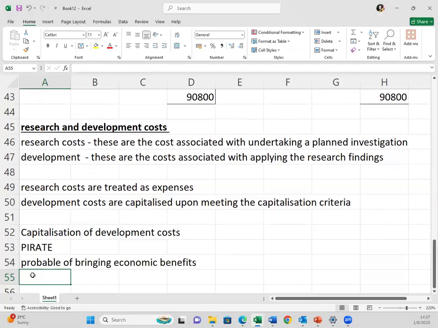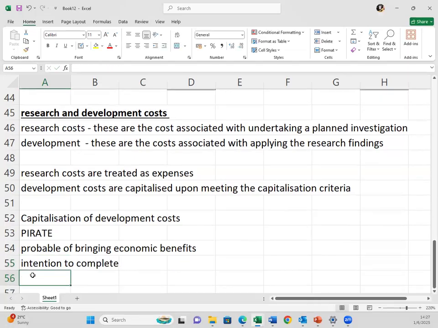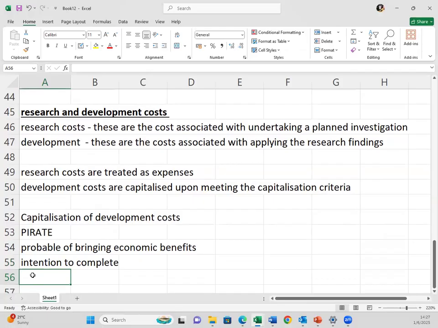We must have an intention to complete. We must have the cost that we have met. We must have a reliable estimate of the cost we have incurred.